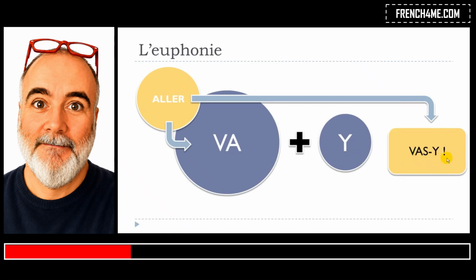And when I spoke about the fact that this euphony can actually modify the grammar, you've got a good situation here, because even if the form is normally va, you will have to modify it and put this S here, just to get the sound vas-y. Vas-y, alright?